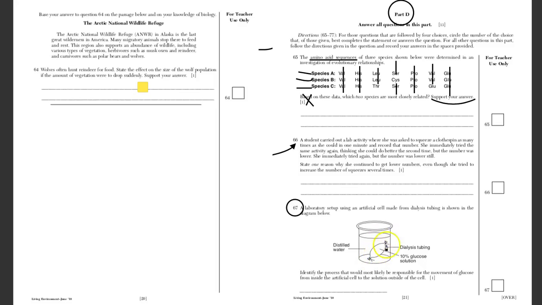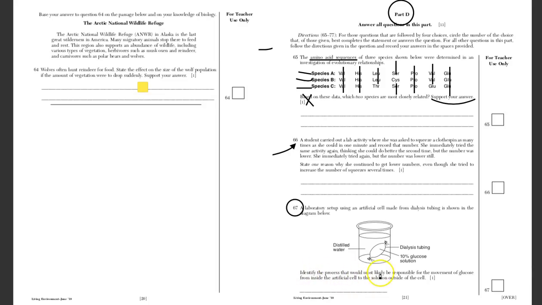You put glucose and you put starch. Close it up, put it in a beaker of water. Then you put in the water iodine, which is a starch indicator. So let's see what they want us to find out.